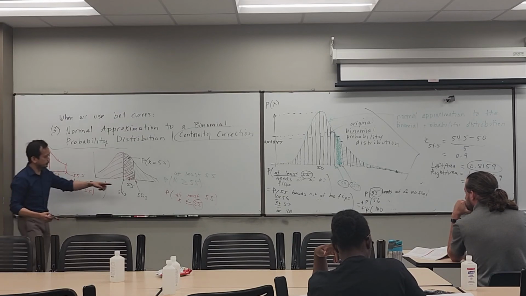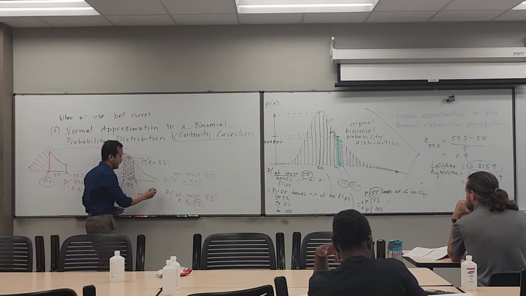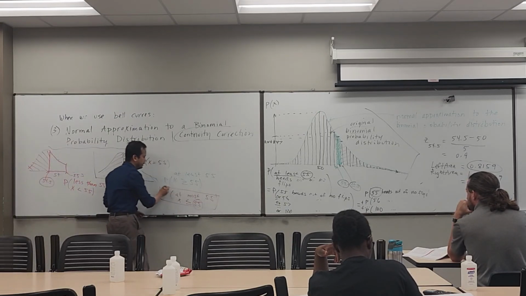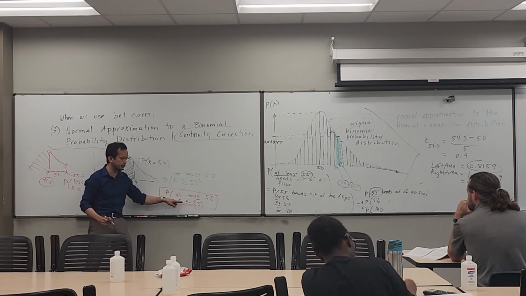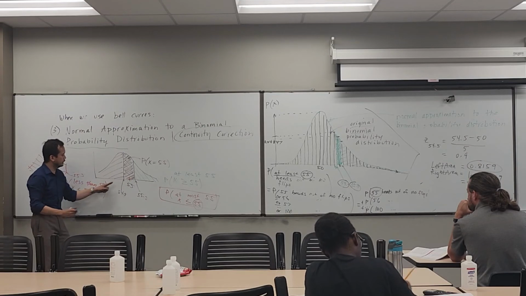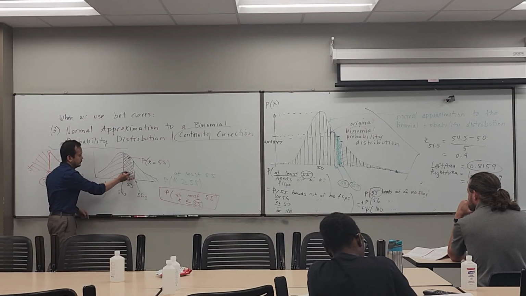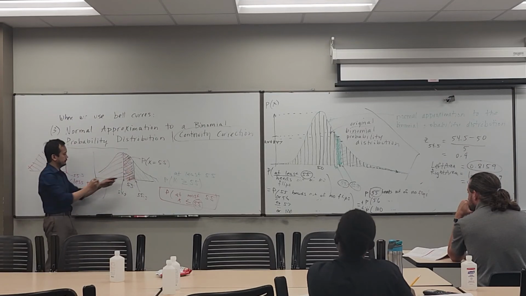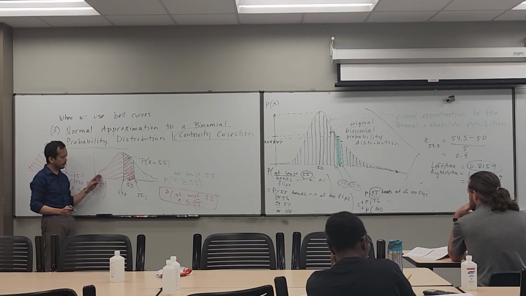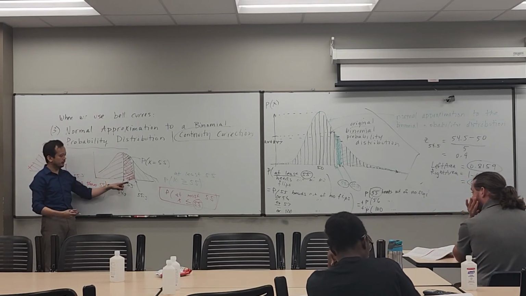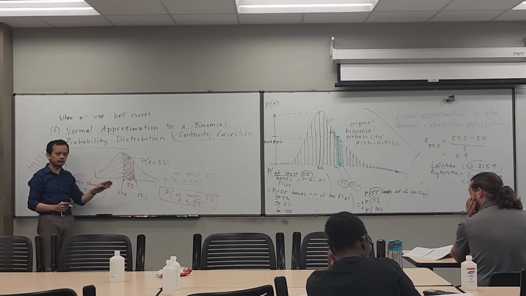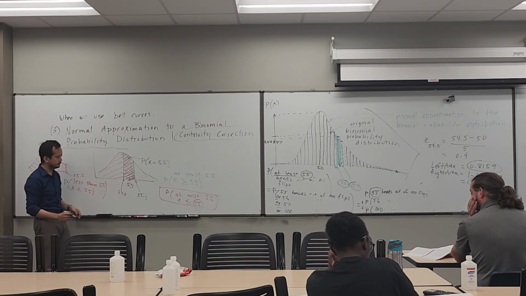And just as a review, if we wanted this probability of at most 55, that means we want to include the data point at 55 as well as everything to the left. So that would be this entire region, this total red area. So when we calculate the z-score and find the left area, what is the rightmost boundary we're trying to find that area of?